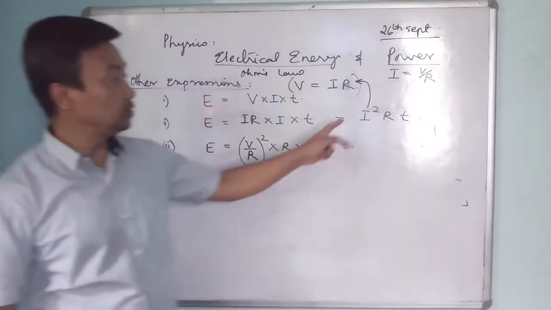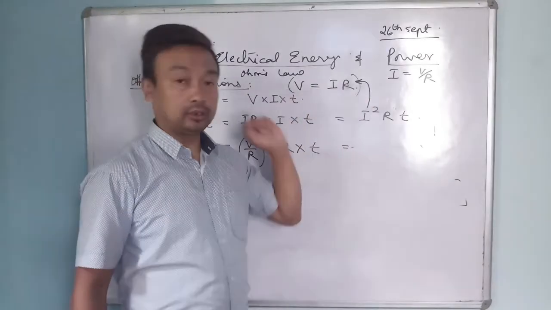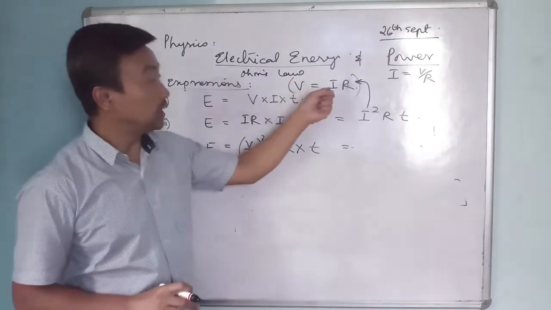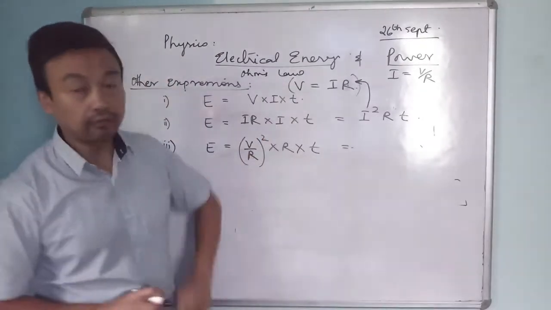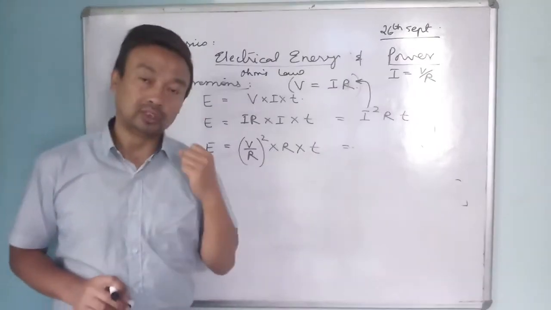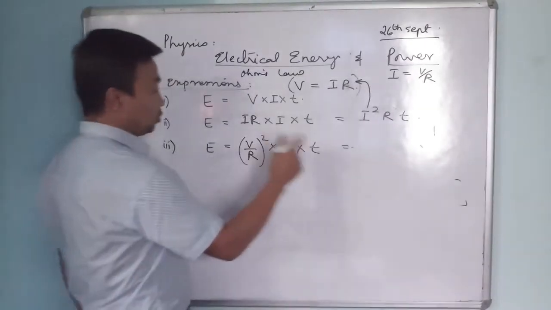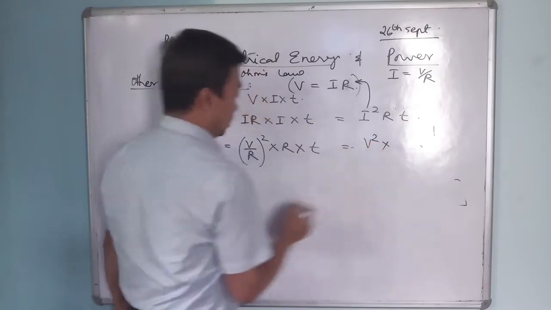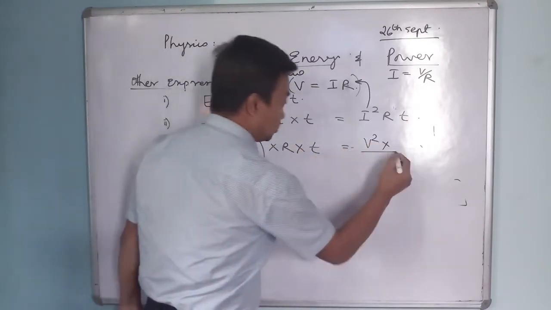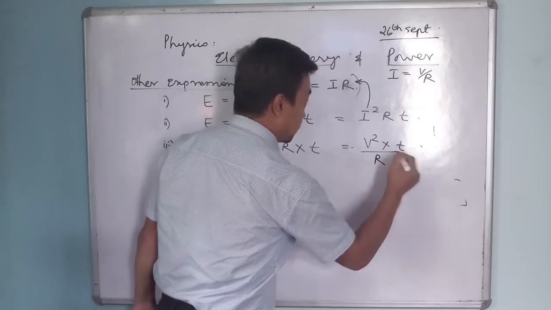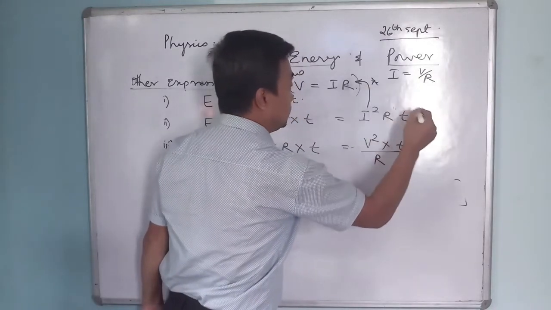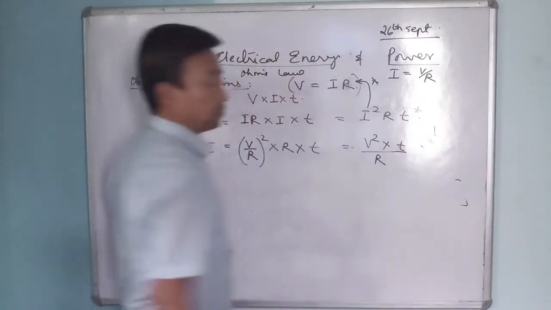This is the basic expression. With the help of Ohm's law only, we can find different expressions for the electrical energy. So V square, R, 1 R cancels, so 1 R will be the denominator, into time. So these are the three expressions for the electrical energy.